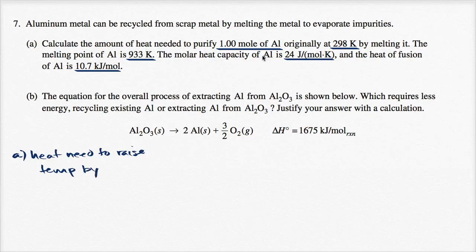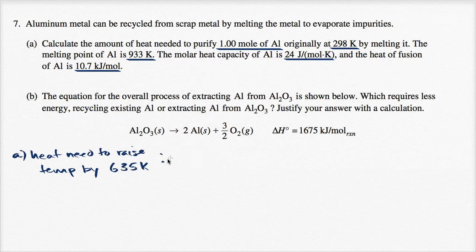By how much are we raising the temperature? We're going from 298 to 933. If you raise by 2, you get to 300, and then you have to raise by another 633. So we're raising our temperature by 635 Kelvin. That's to get us to the melting point.